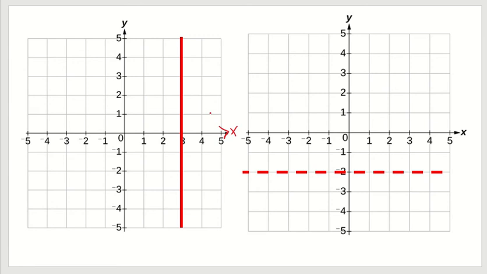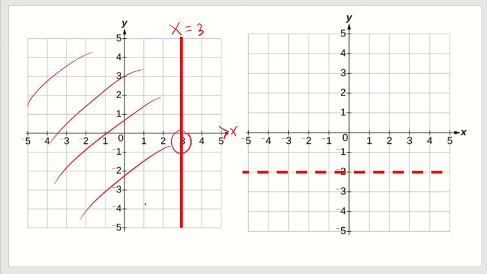It cuts the x-axis. Dia tak ada potong y. So this is x equal to a number. Dia potong pada nombor apa? At this number, this line, x always equal to 3. Okay, x equal to 3.